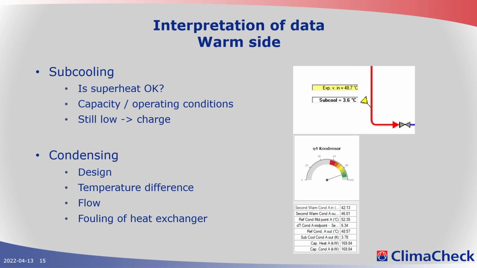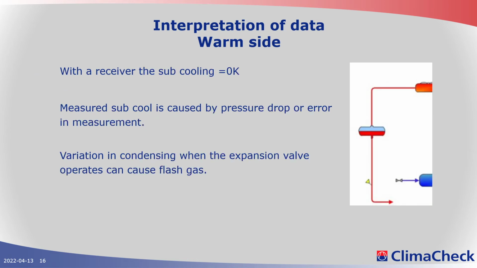If there is a prior ClimaCheck measurement, then you have it all documented there. So try to build experience. Try to make sure that there is available information on each site, so the next person who is evaluating doesn't need to reinvent the wheel.